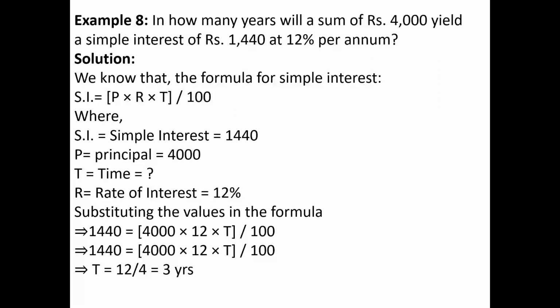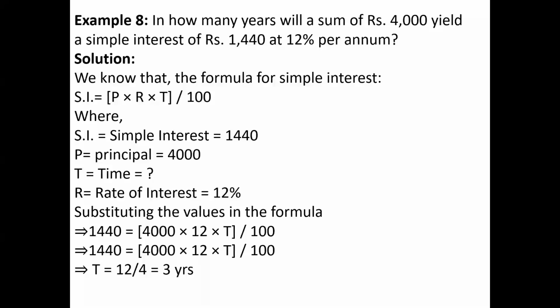So we put the simple interest already given, 1440, and the principal amount, 4000. Time is not given, so we need to find it and mark it with a question mark. The rate of interest is given, that is 12%, so we have written 12%.